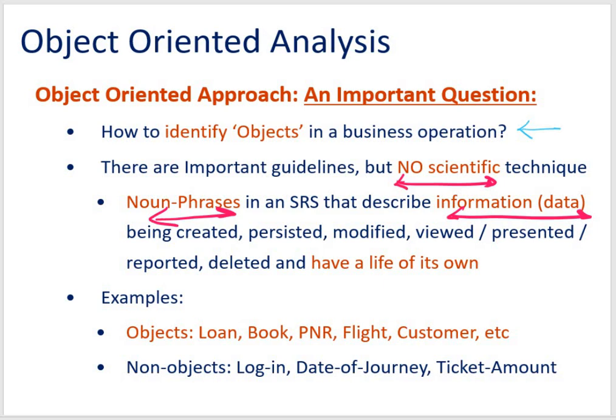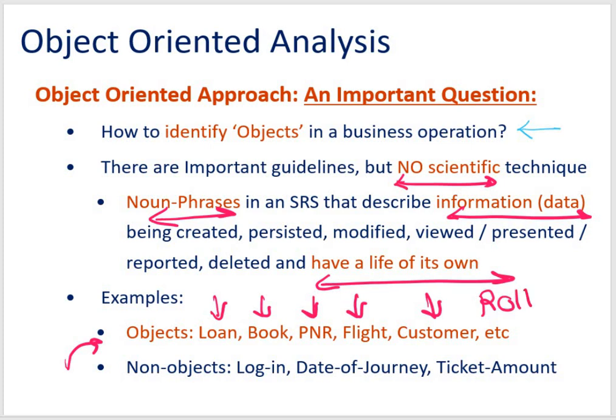Basically, look for noun phrases in the SRS that describe information being created, persisted, modified, viewed, presented or reported or deleted, and have a life of its own. For example, I can have a loan, a book, a PNR, a flight number, a customer and whatnot.